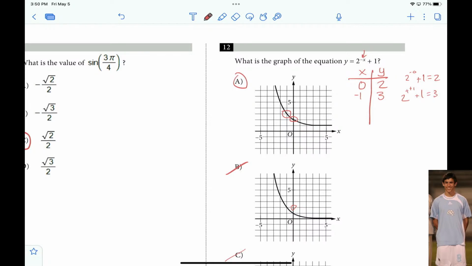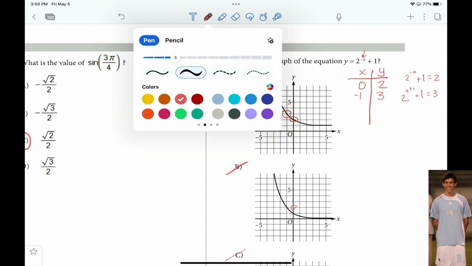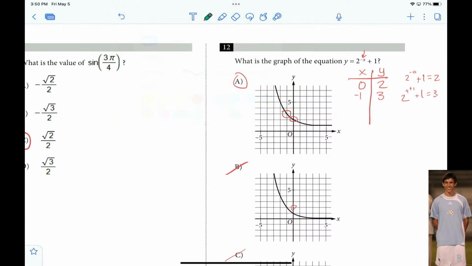Now, the more mathematical way to do this is to know the generic equation of an exponential. The standard form of an exponential is something that looks like this.